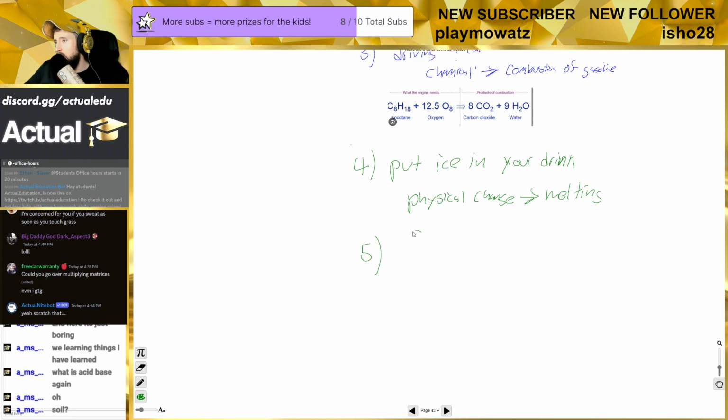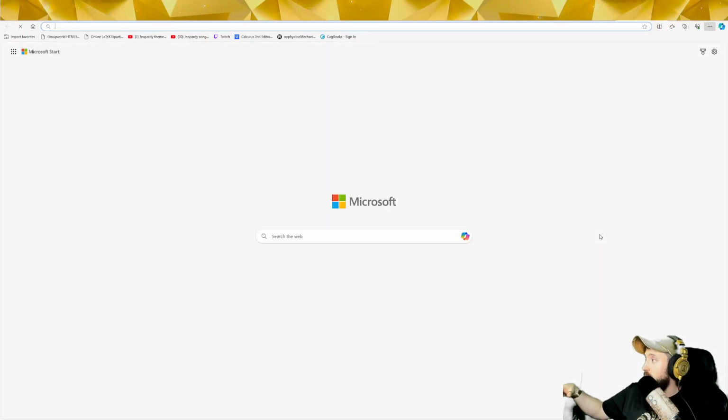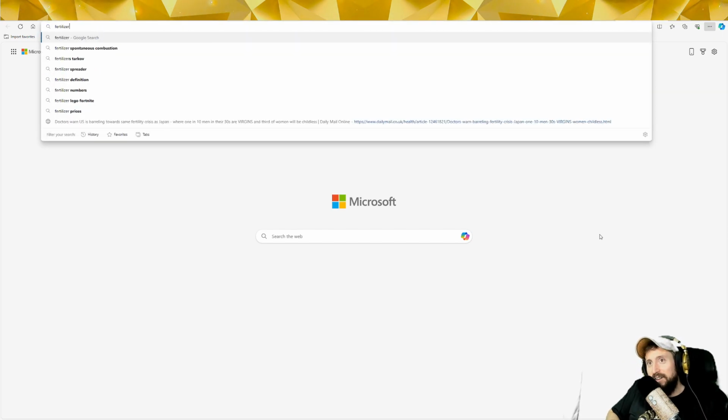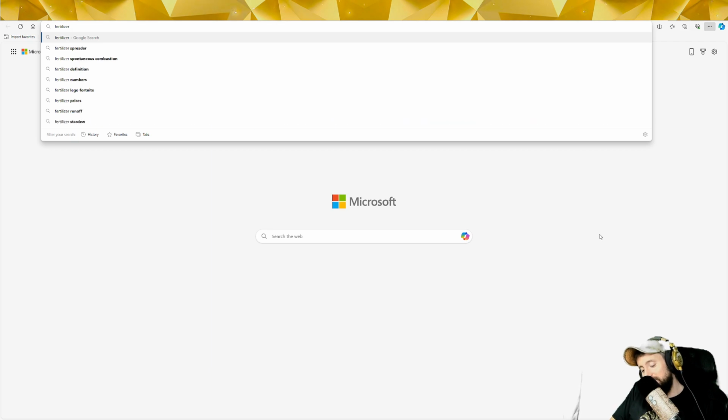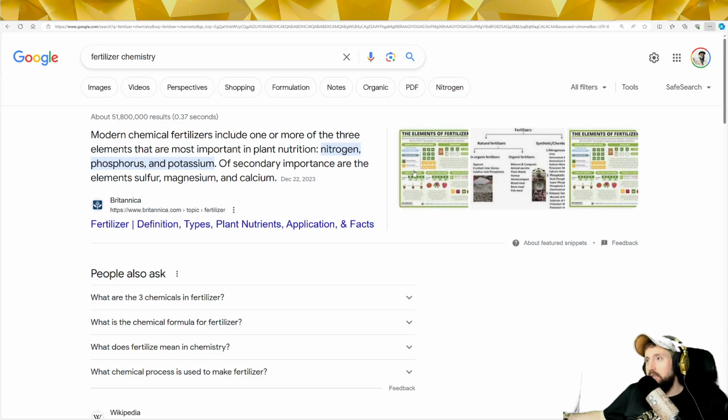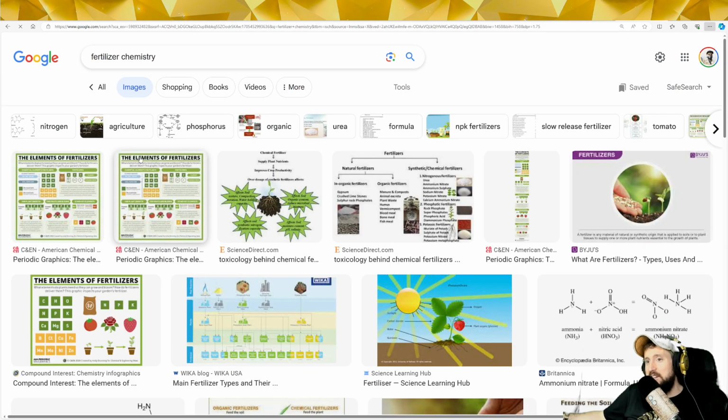Let's say you go out and you fertilize your lawn. Have you ever heard of fertilizer? Fertilizer is usually sulfate or something, or phosphates. Is that what it is? It's also extremely flammable. That's why people build bombs. But fertilizer is used to stabilize the pH of the soil.